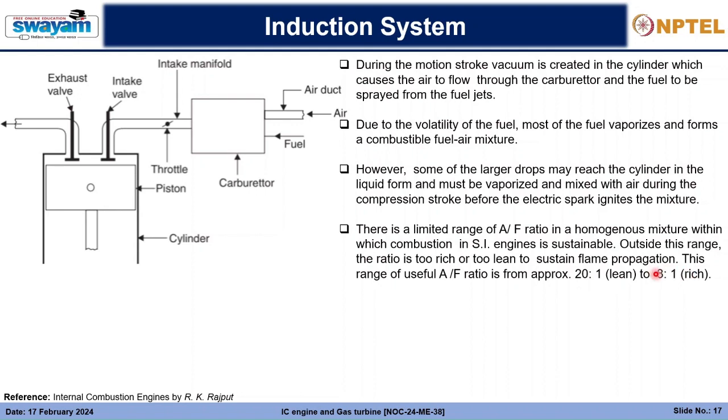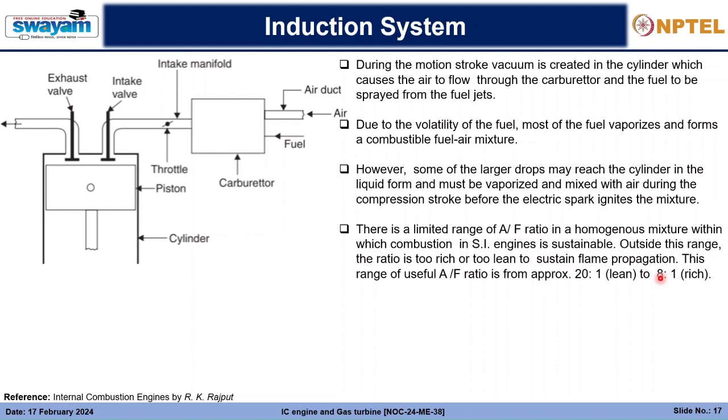Why? Only 8 parts of air are present, whereas one part of fuel is present in this mixture. To completely burn this fuel, we do not need 8; we actually need a little bit more. So some part of the fuel will be left unburned, which is a wastage of fuel and will lead to other complexities.